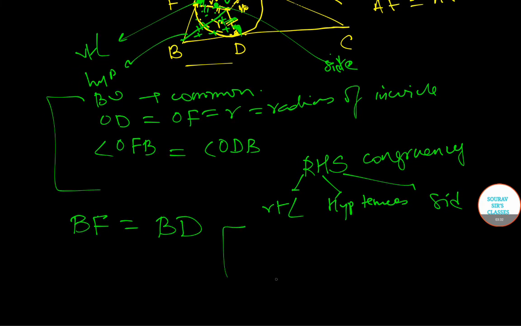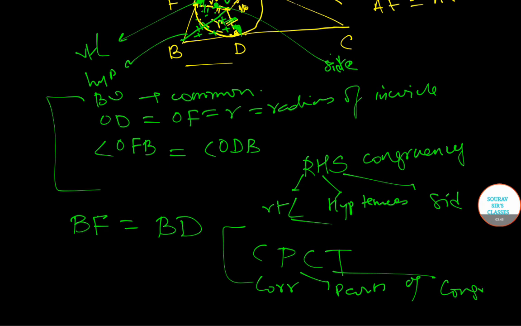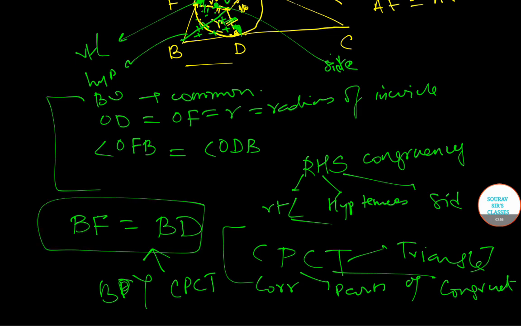Since the triangles are congruent, by corresponding parts of congruent triangles, CPCT, we have BF equals BD.